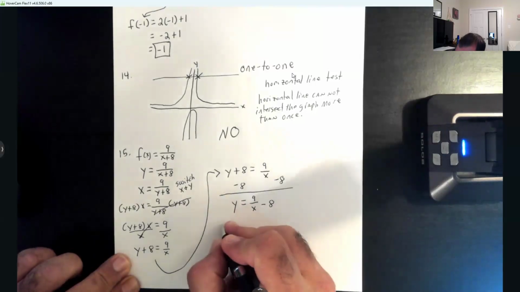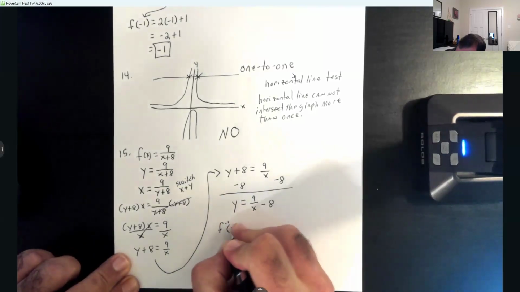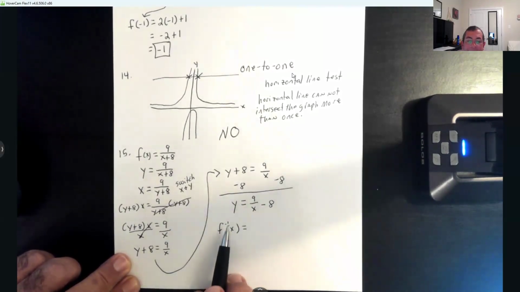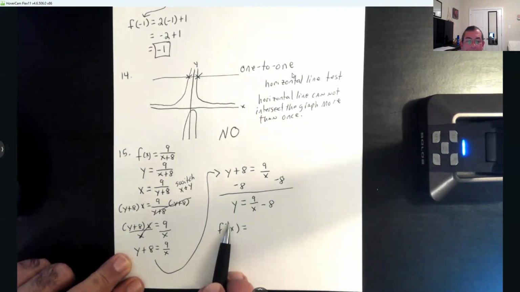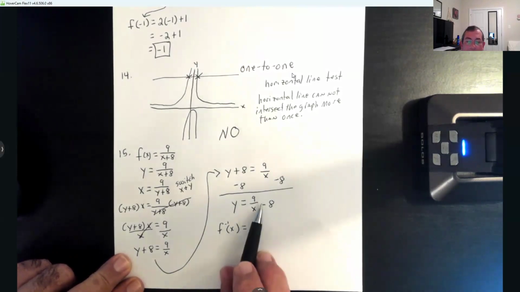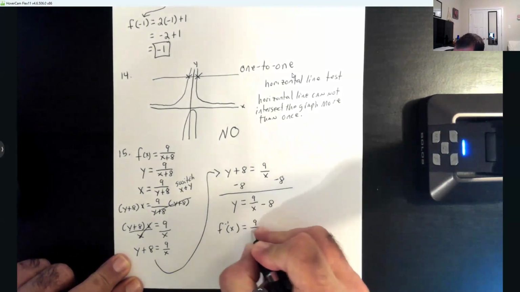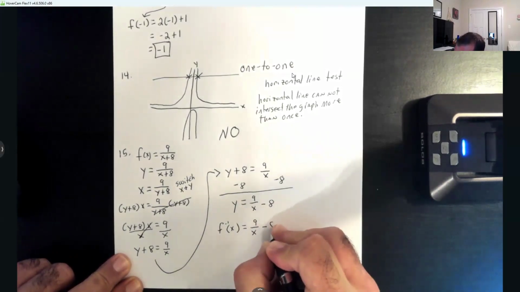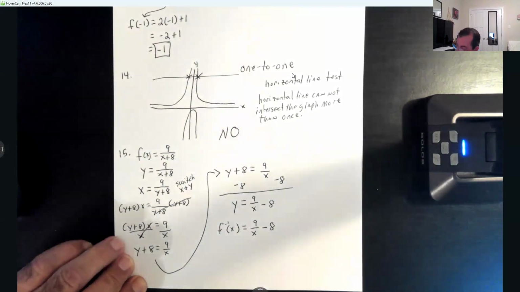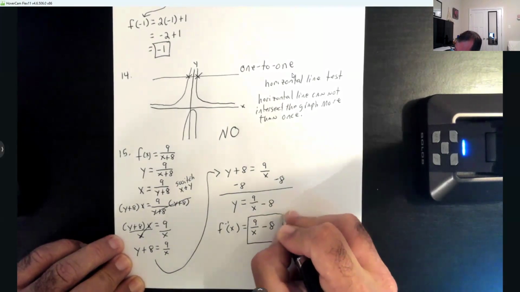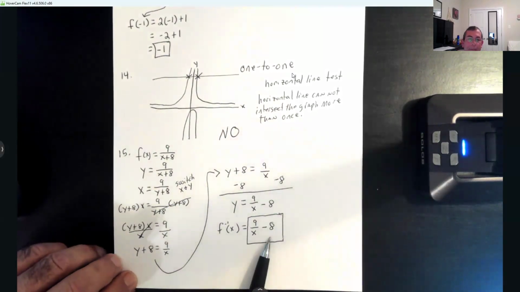And then the last step, you change this y and write it as inverse function notation. So f negative 1 of x means this is the inverse function, and the inverse function equals 9 divided by x minus 8. So y'all, this right here is what we're going to put in Math Lab.